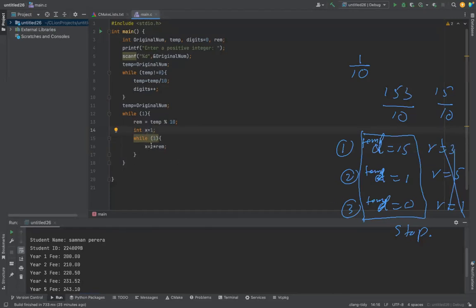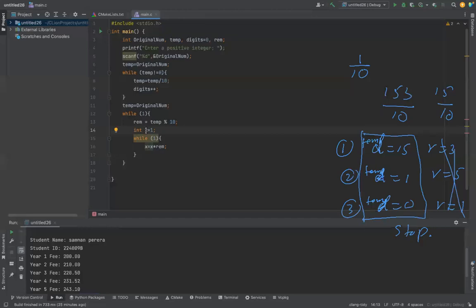The next iteration, x is 3, remaining value also 3. 3 into 3 is 9. The next iteration, 9 into 3 is 27. Then you will get 3 to the power 3 as 27 in the x variable.